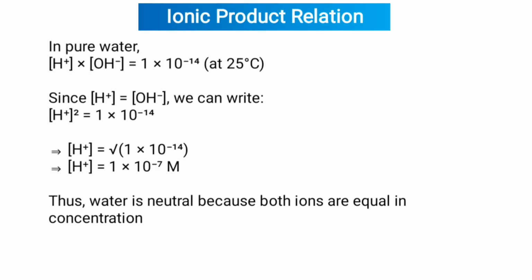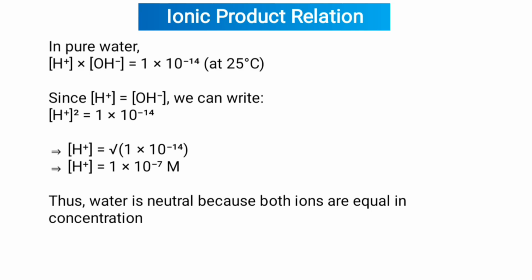Now, ionic product relation. In pure water, the concentration of H+ ion multiplied by the concentration of OH- ion is equal to 1 multiplied by 10 raised to the power minus 14 at 25 degrees centigrade. Since the concentration of H+ is equal to the concentration of OH-, you can write the concentration of H+ ion squared is equal to 1 multiplied by 10 raised to the power minus 14.